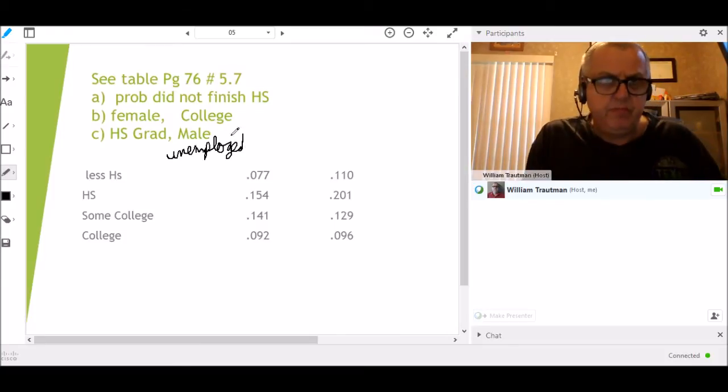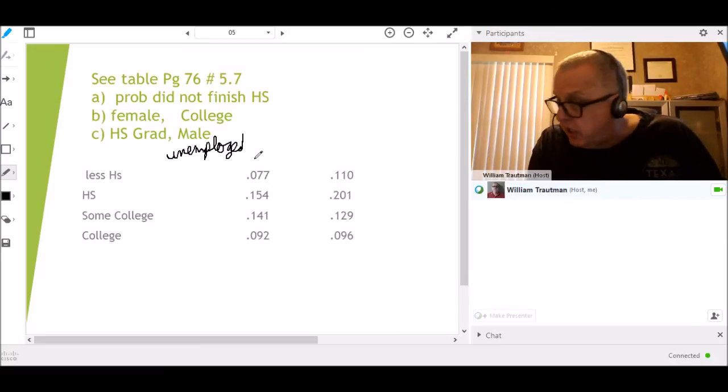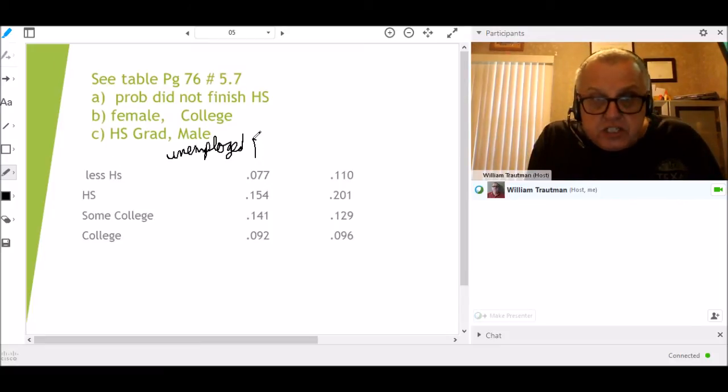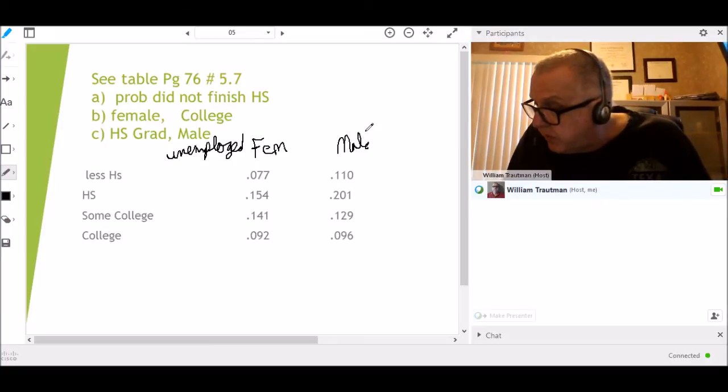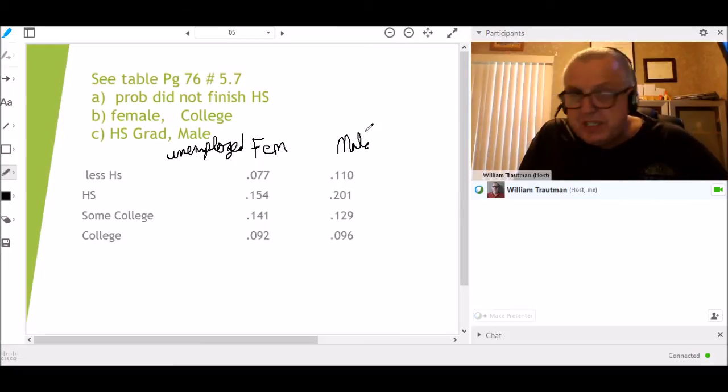That's the key. We know all of these people are unemployed, and this is their education. This first category is females. This category is males. So if you look in your book, it should look very similar unless I wrote something down wrong.